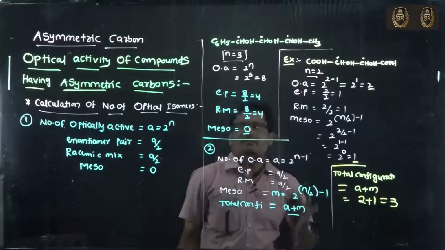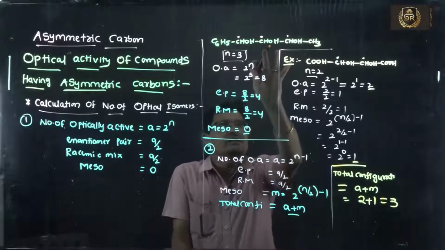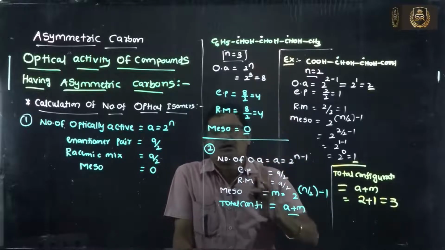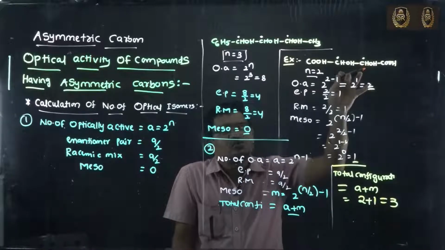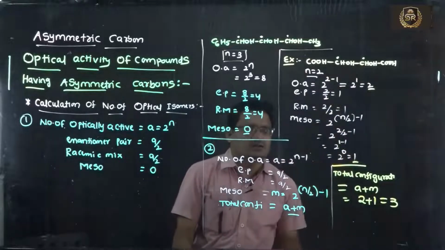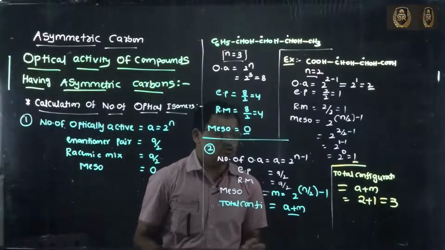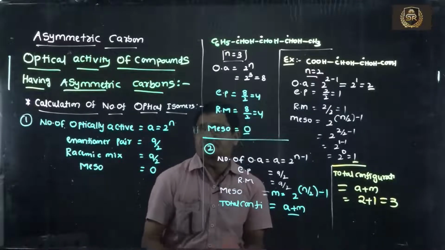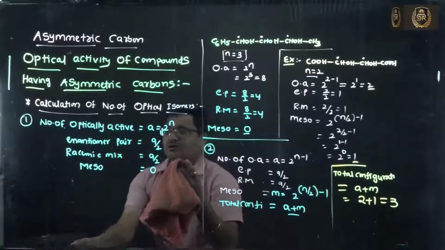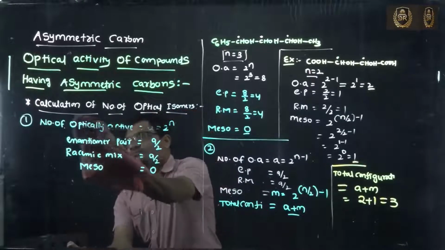So what is the difference between these? First, it cannot be divided into two identical halves. Second, it can be divided into two identical halves but even number. The third one is it can be divided into two identical halves but odd numbers. What is the formula for this one?